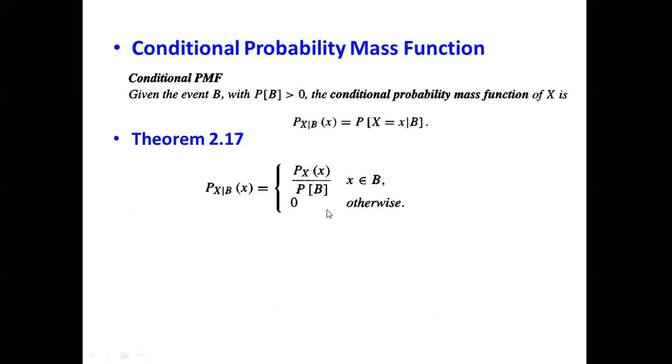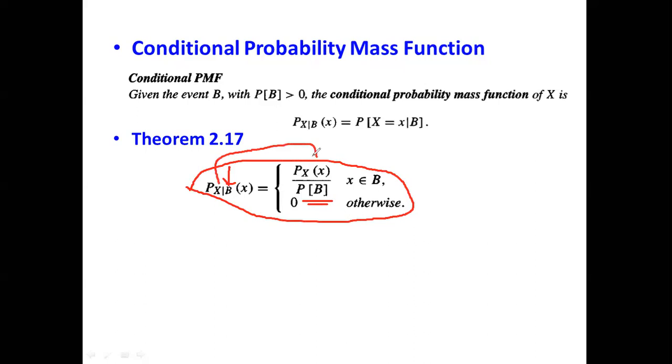Can you remember? We should be able to remember this equation from our probability class. If there is a condition, then the conditioning portion will be in the lower side, and the first portion will be in the upper side. So that is the conditional probability theorem.